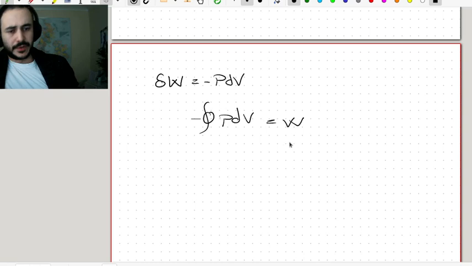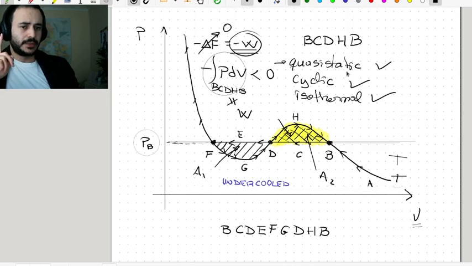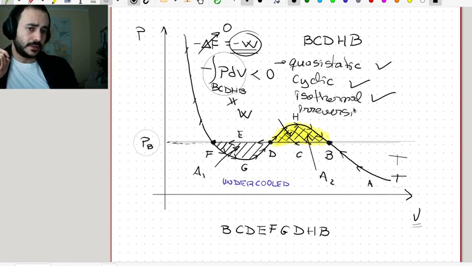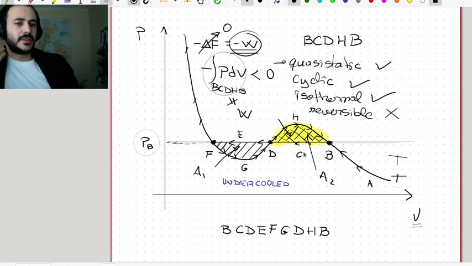And if this work is negative, it's work made on the environment, and so on and so forth. But this assumes that the process is reversible. And the process I'm talking about here is quasi-static, is cyclic, is isothermal, but is irreversible. Why is it irreversible? Well, let's just write reversible to be able to make a cross here. It's not reversible.